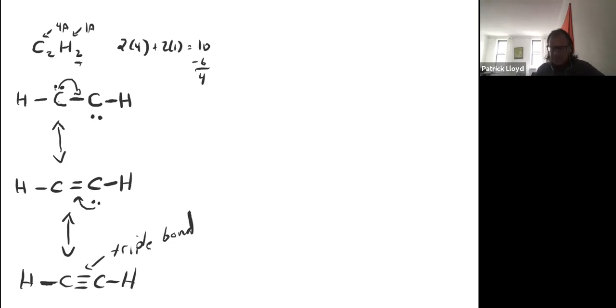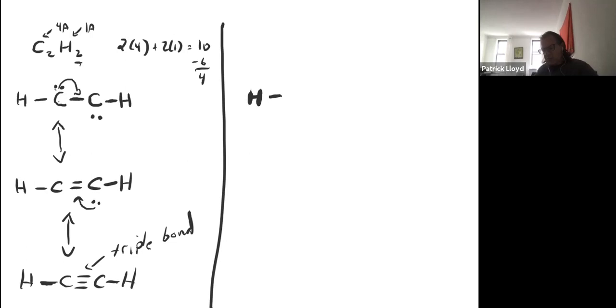Okay. That one's a little easier. Now, suppose that I had done it slightly differently. Suppose I'd said, hey, at this stage, I'm going to put both lone pairs on one of the carbons and none on the other. That's perfectly fine, because you're going to have to do the same thing. You're going to have to, in the end, get them up to 8.